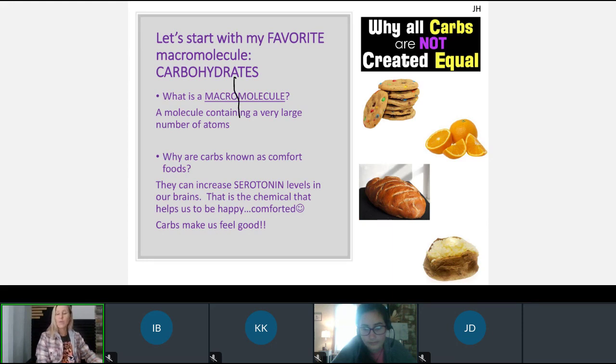What does the prefix macro on the front of a word mean? Micro is not the same. Micro means small. So if micro means small, then what might macro mean? Good.